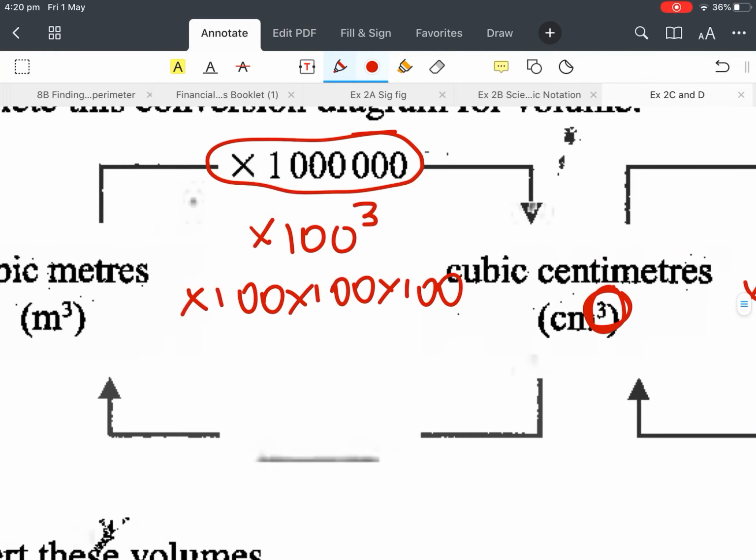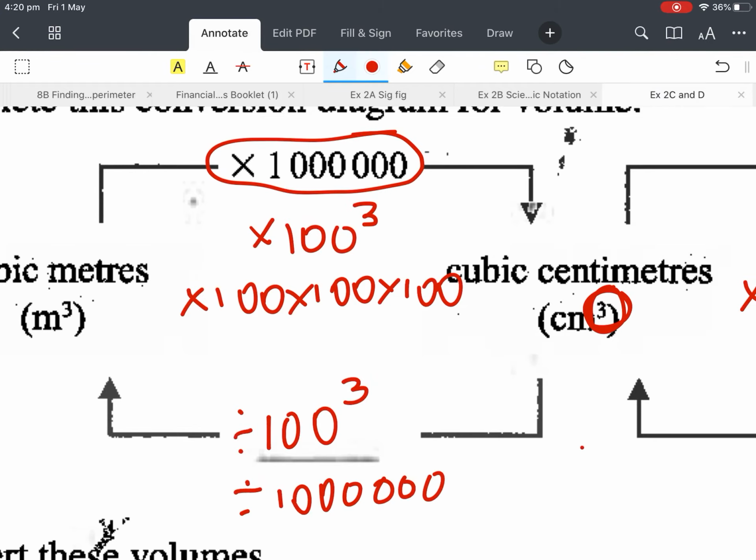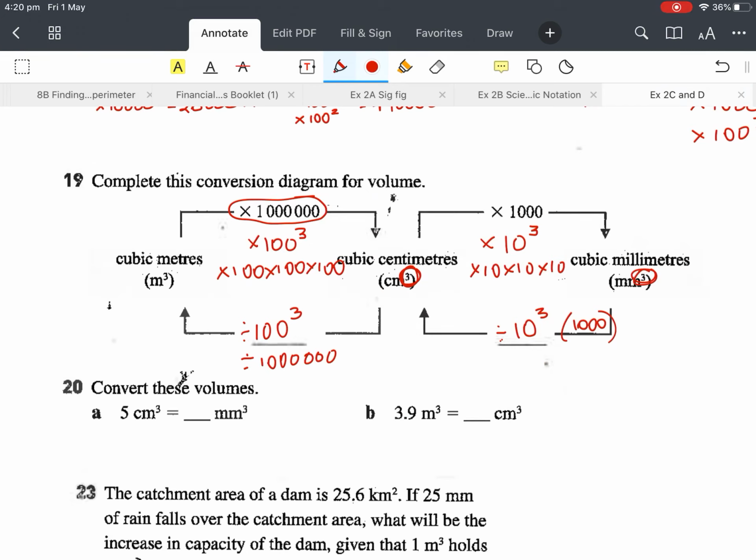Over here, do the opposite: divide by 1,000,000 or 100 cubed. Either should get you the right answer. Whatever you do, don't divide by 100. That's not correct.